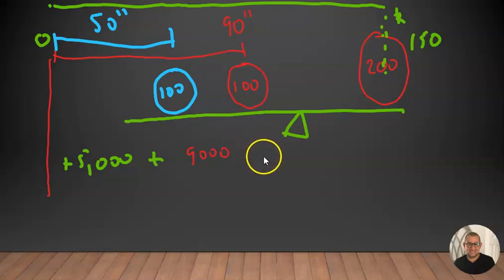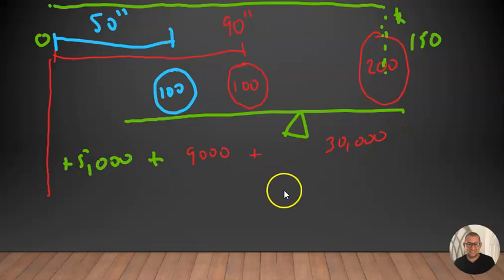Okay, and I'm going to add that to position 150. The arm of 150 times 200 pounds comes out to 30,000 pound inches. That's the moment.